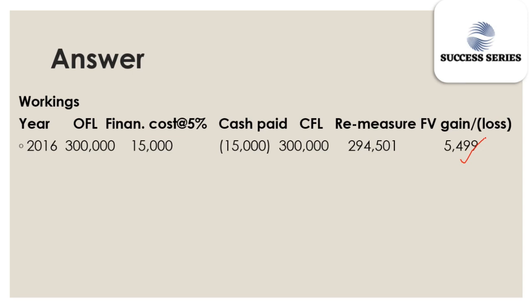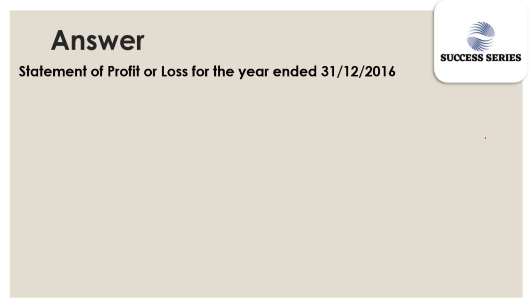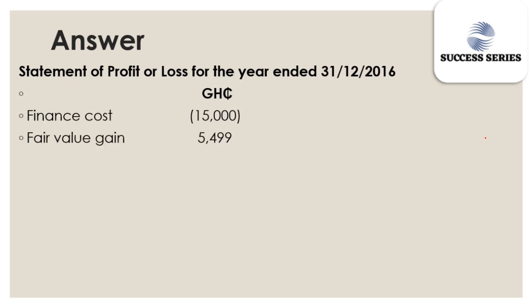Now let's dive into the extracts. Now we prepare our statement of profit or loss for the year ended 31st December 2016. What do we have to show here? Here, remember you have to show your finance cost and then the fair value gain or loss we also got from the transaction. So here we'll bring our finance cost, which was 15,000, and the fair value gain that we obtained, which was 5,499.